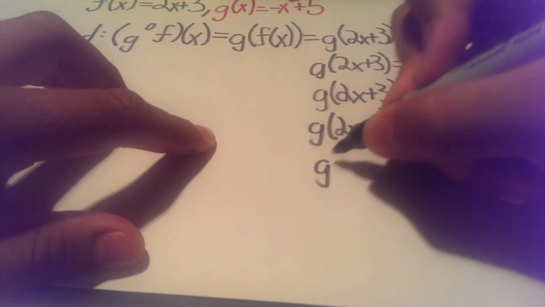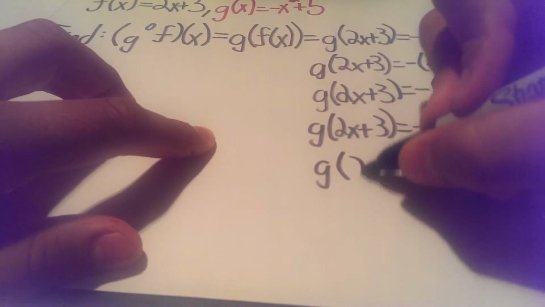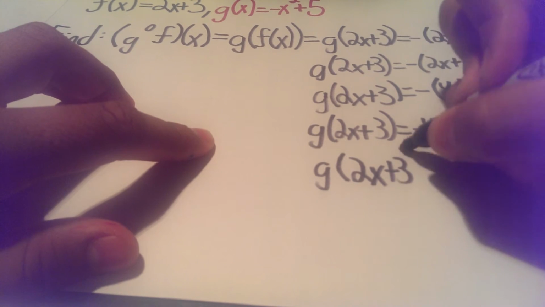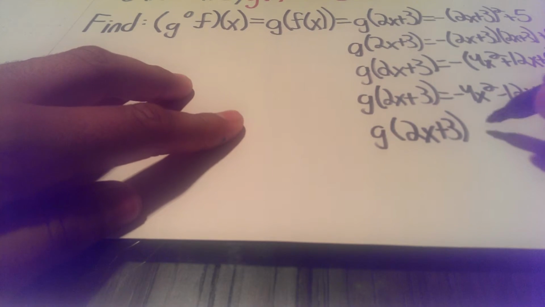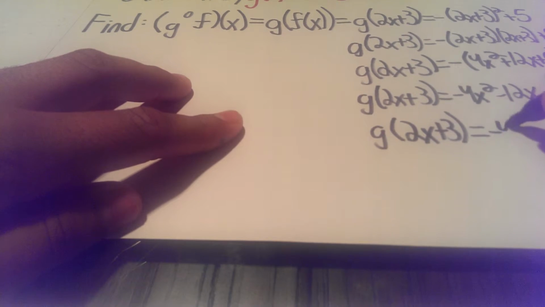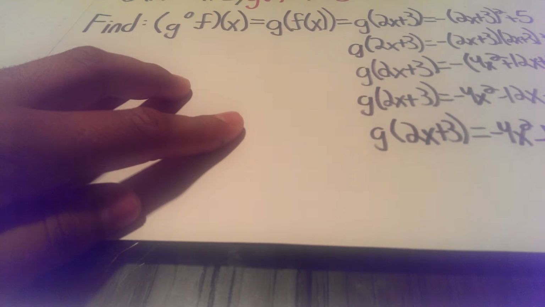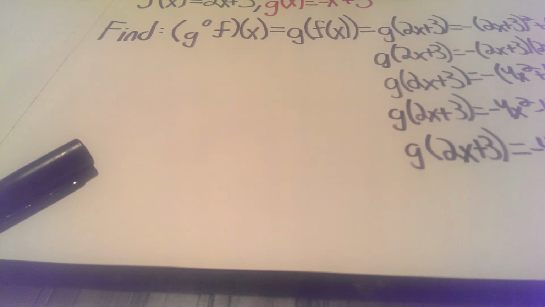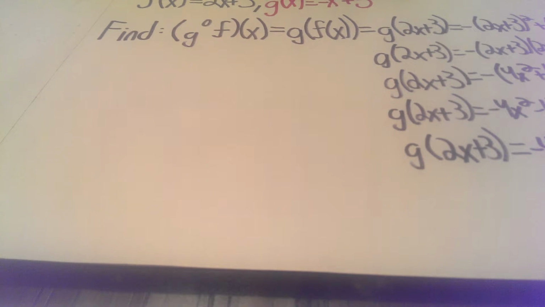Now g of 2x plus 3, once we combine the like terms, is equal to negative 4x squared minus 12x minus 4, and that's our final answer. And that's just one of the examples.